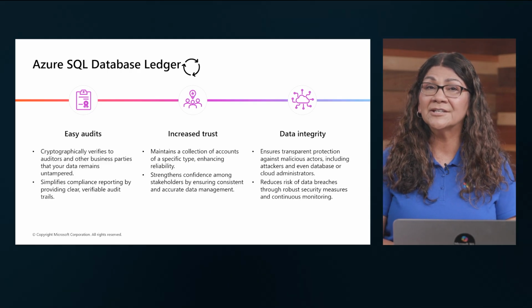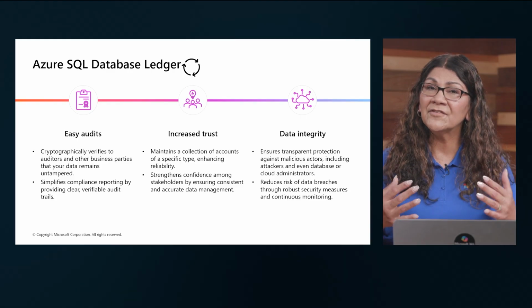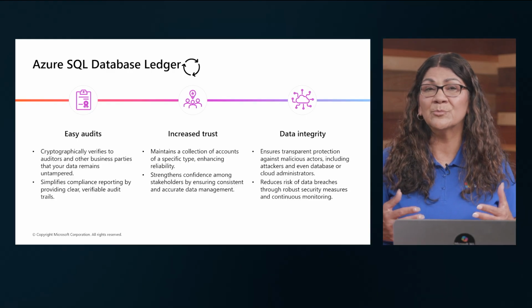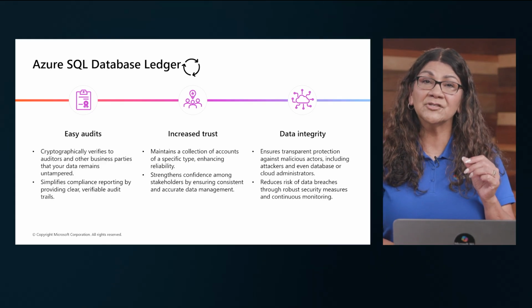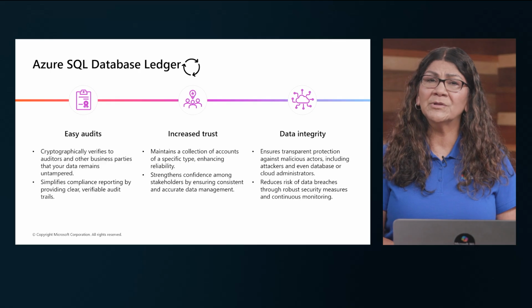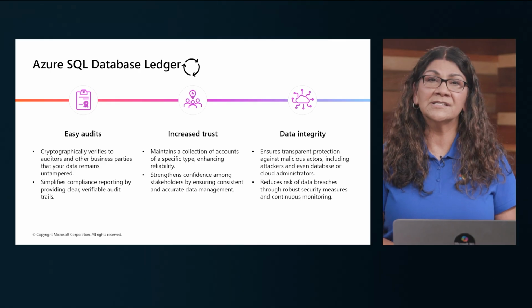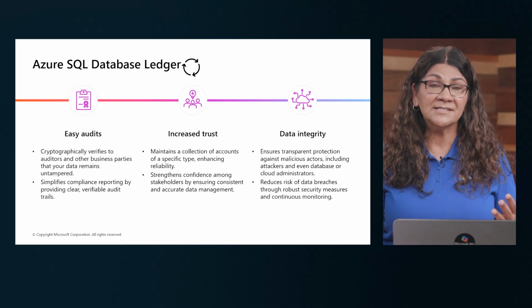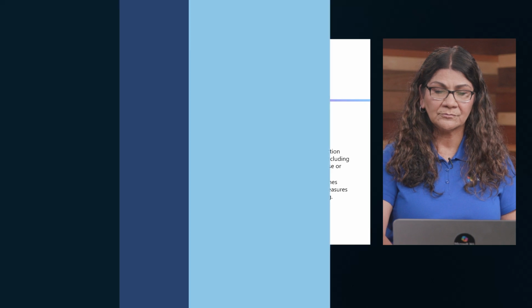Through robust security measures and continuous monitoring, it can significantly reduce the risk of data breaches by maintaining trust in the authenticity of your stored data. These capabilities make Azure SQL Database Ledger ideal for scenarios where data authenticity and regulatory compliance are critical.